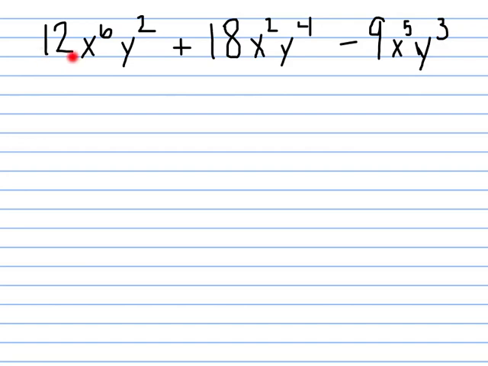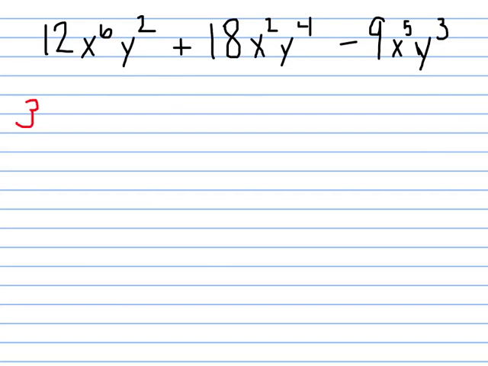Now we have the constants here. Let's look at those first. We have 12, 18, and 9. So 6 goes into 12 and 18, but it doesn't go into 9, so we've got to drop it a little lower. So 3. 3 goes into 12, 18, and 9. So 3 will be the greatest common factor of the constants.